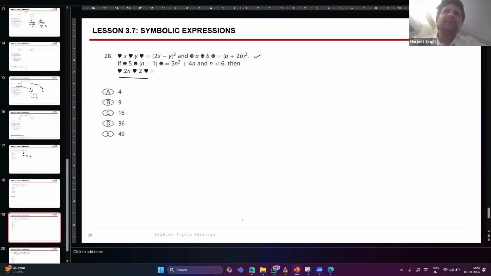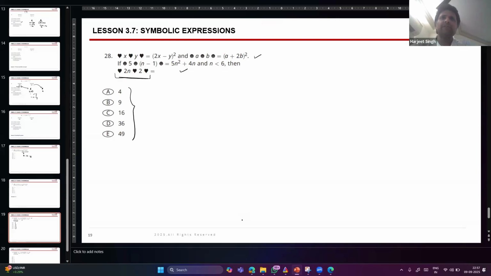I will work with this. Once I know n, so clearly, can I say all these options are some numbers, right? Which means ultimately I should be able to get n. So no need to touch this initially.